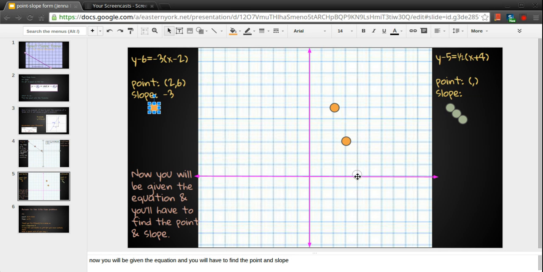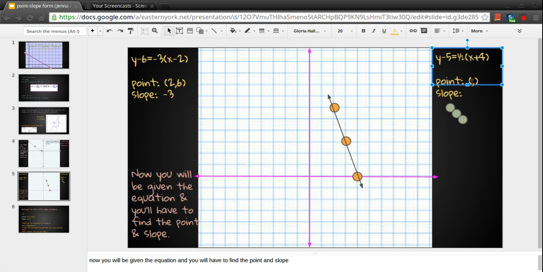Down 3 over 1. And we can make a line, I suppose. And we'll just snazzy it up. There we go.